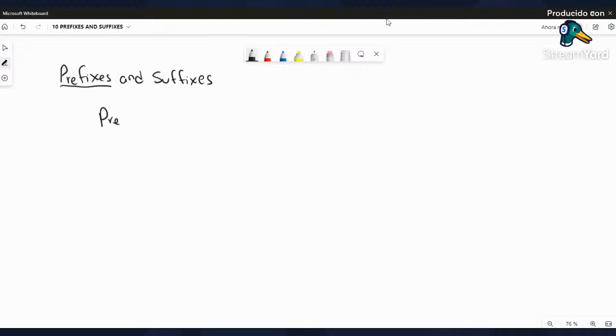Well, what is a prefix? The prefix is a little particle that goes at the front. I'm sorry, I said the end of a word. I'm sorry, it goes before the word starts. So let me write it here. It goes at the front of a word, or we can also say it's at the beginning of the word.